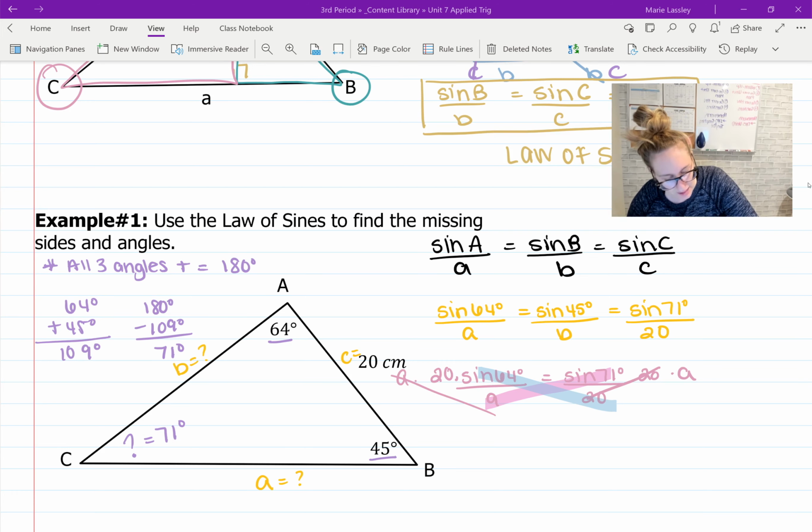Anyways, we end up with 20 times the sine of 64 equaling A times the sine of 71. Our goal is to solve for A, so we are going to divide both sides by the sine of 71.